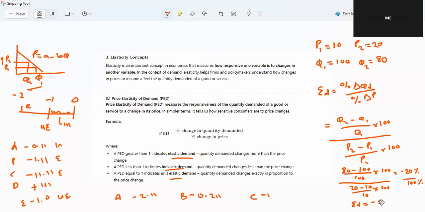So what is your comment here? What type of elasticity is that? Inelastic. Correct. Inelastic. All right.